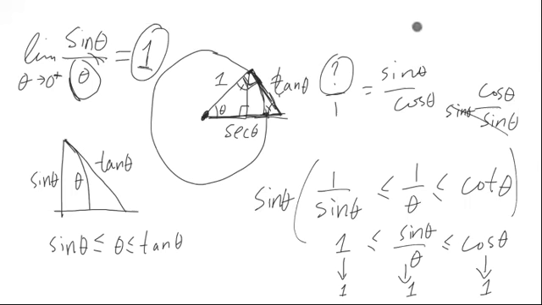Maybe we just need to look at what happens in our picture if we're looking at a negative theta, so going that way: negative theta, sine theta, and tangent theta. If theta is negative, tangent theta, even though it is this length, we do consider as negative.